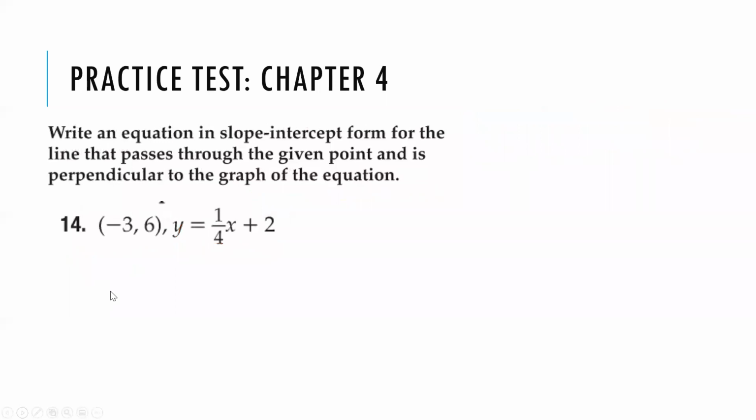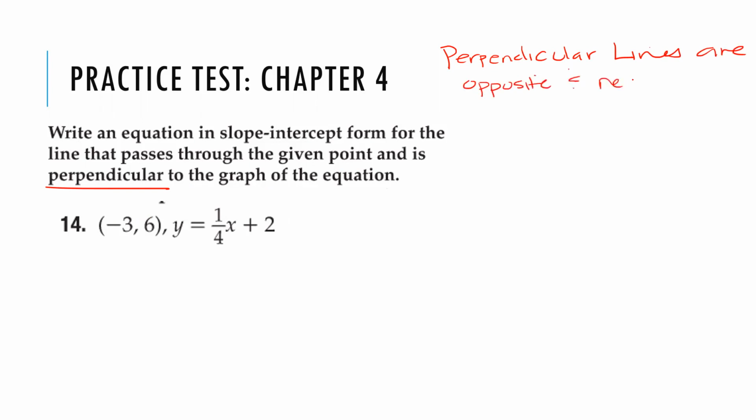All right, now this one says that it goes through this point and is perpendicular. Okay, so perpendicular lines are opposite and reciprocal of each other. So if this is the equation of the line, it's in slope-intercept form.